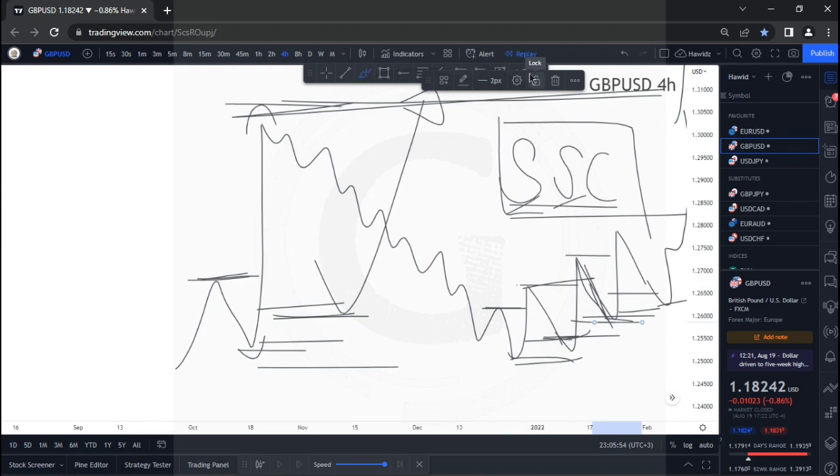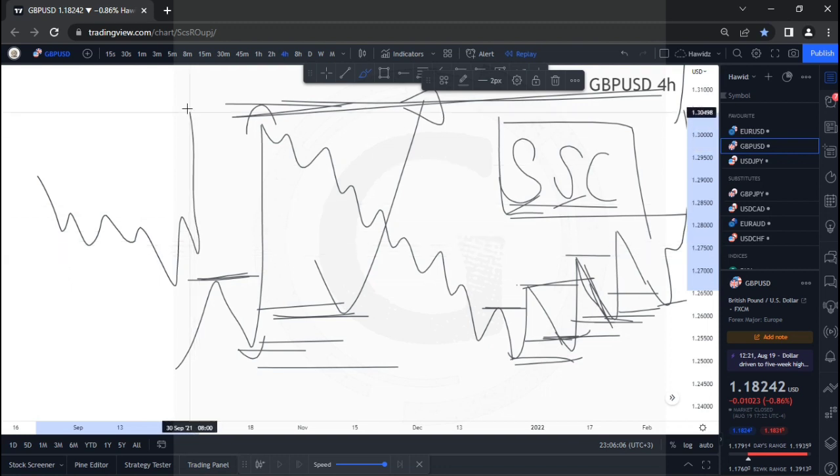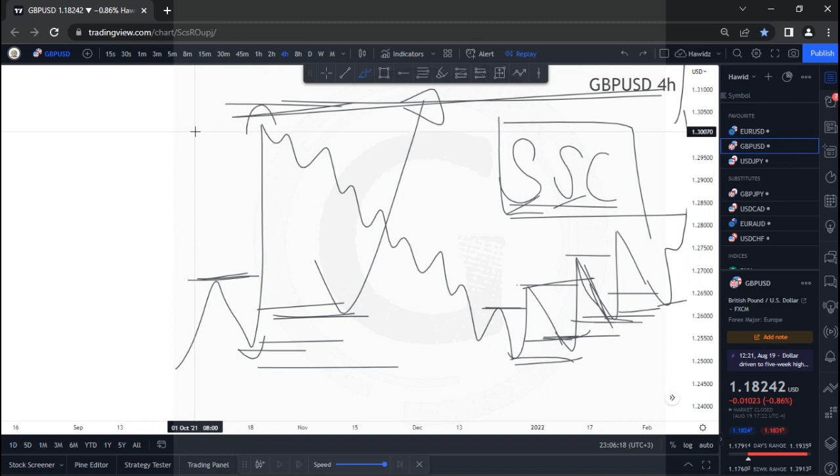It's part of the game, because price can sometimes break, give you a little bit of a test, leave, break again, little bit of a test, leave, and then just keep on running and running if the momentum in that market is very high. So that's all part of the game. It's what we signed up for, so it is what it is.